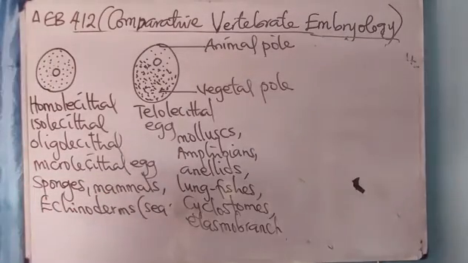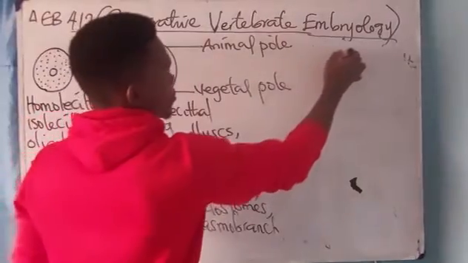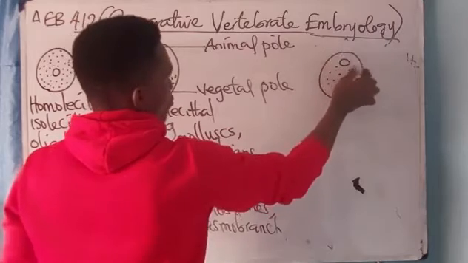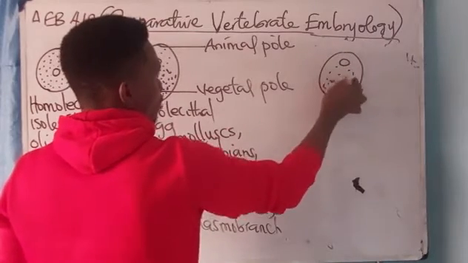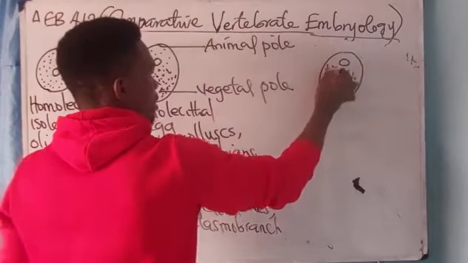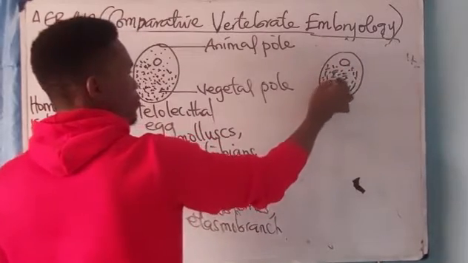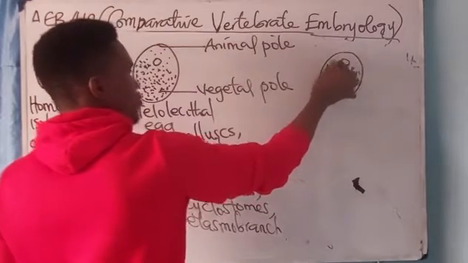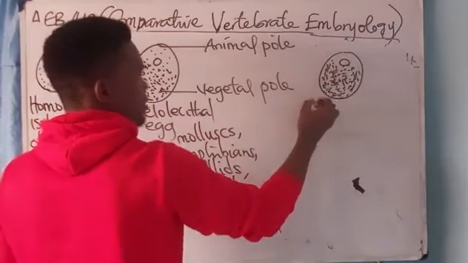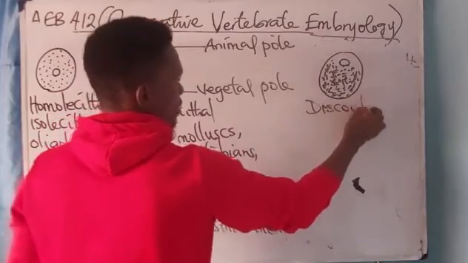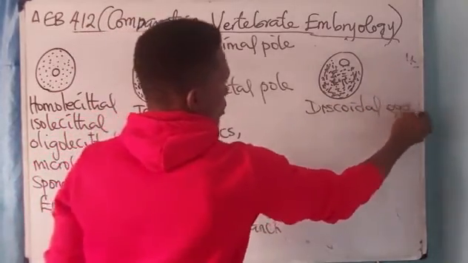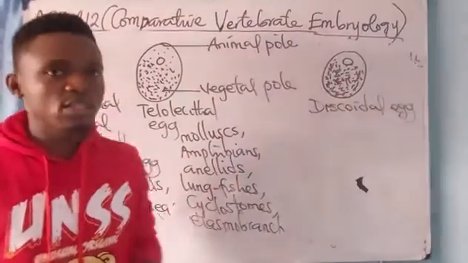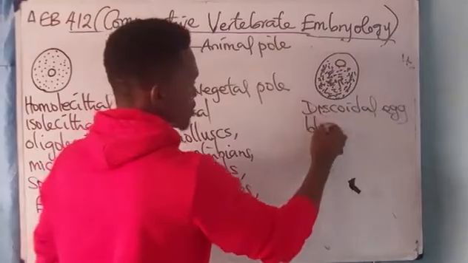You now have another type of egg. Now this one has numerous yolk in it. Now this is called what? A discoidal egg. Now this discoidal egg, because of the numerous amount or quantity of yolk present in it, forms what is called a blastodisc.